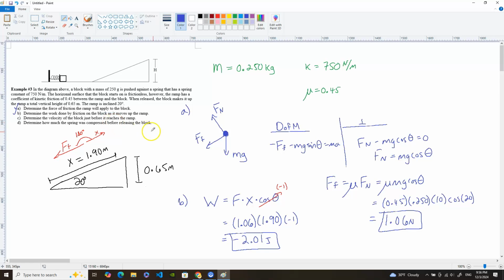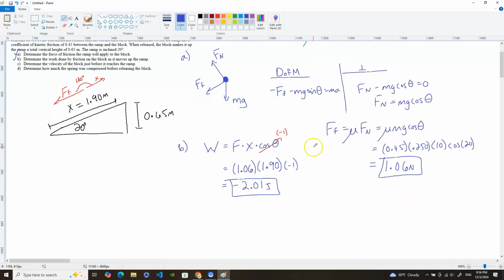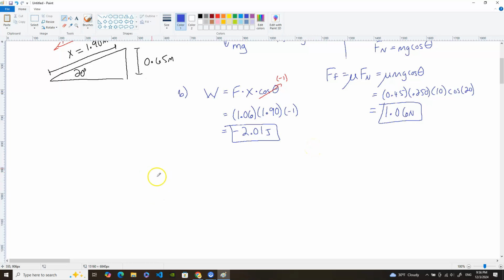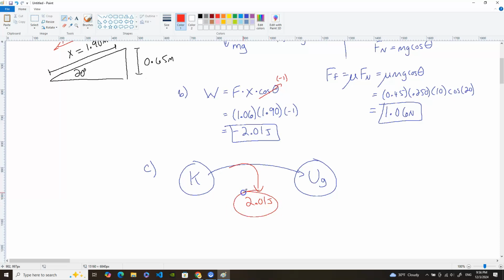And part C says determine the velocity of the block just before it reaches the ramp. So for part C, I'm going to hit on the fact that kinetic energy at the bottom of the ramp turns into gravitational potential energy at the top of the ramp, except along the way 2.01 joules is taken away by friction. So this is where that whole positive and negative thing comes into play.